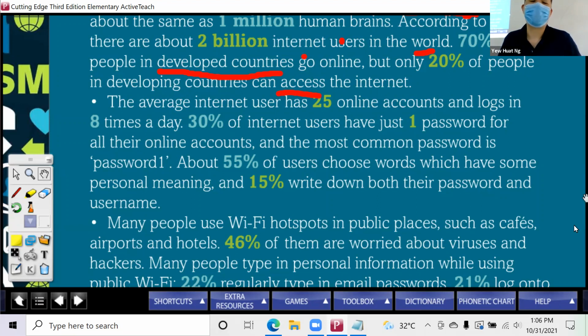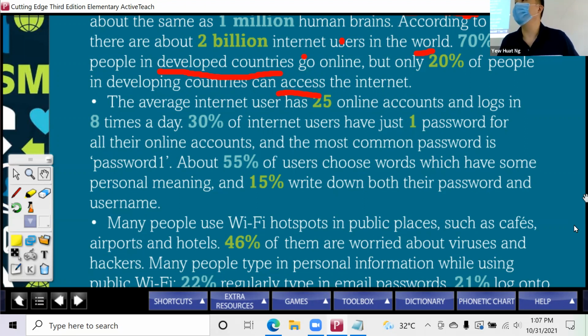About 50% of users choose words which have some personal meaning, and 15% write down both their password and username. Okay, very good. Your reading is very good. I'm very happy with your reading now.